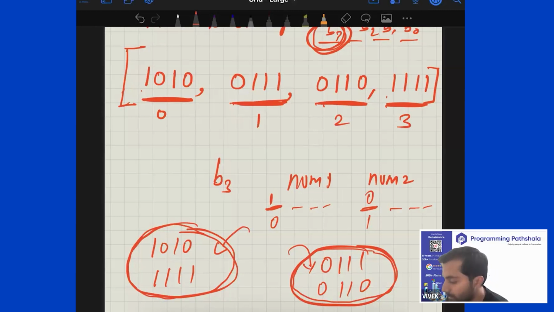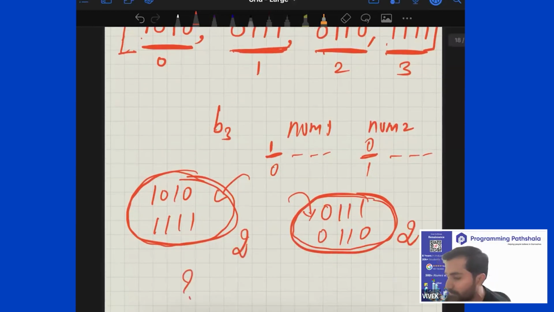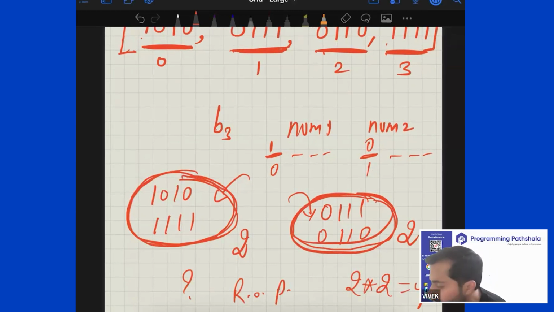Now tell me one thing. In this basket, there are two numbers. In this basket, there are two numbers. So how many combinations will you get? It's a basic rule of product: 2 into 2, which is 4, right? I have two numbers that can be picked from here and two numbers that can be picked from here. It's just a Cartesian product.